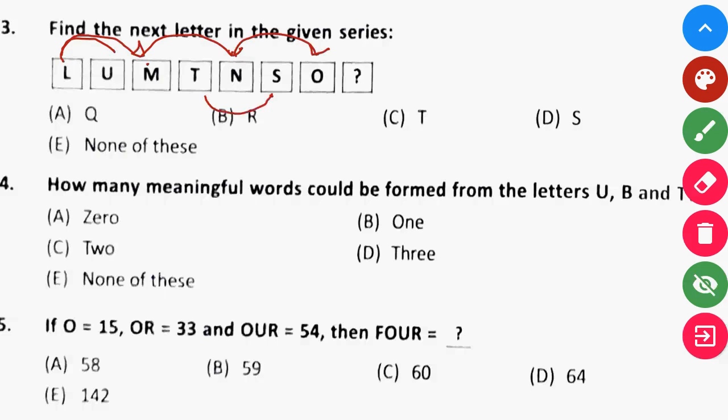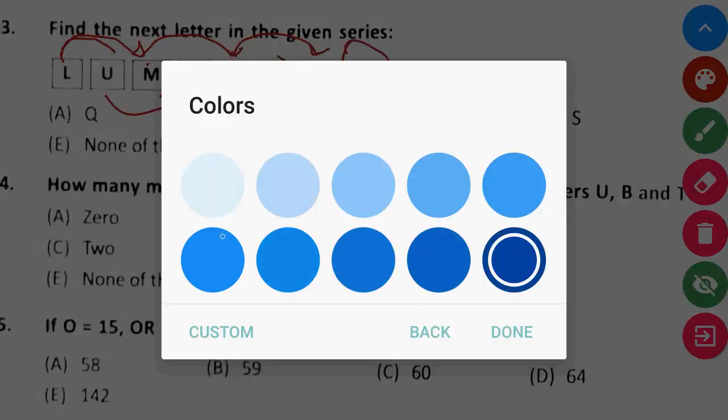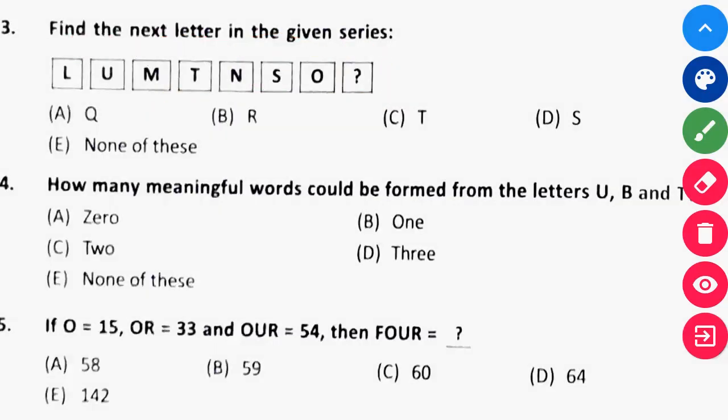And reversely, before U, T comes, before T, S comes, and here the missing letter must be the letter which comes before S. You all can recite A, B, C, D, E, F, G, H, I, J, K, L, M, N, O, P, Q, R, S, T, and you can have an idea which letter will come before S. So this question is for homework. You can solve it on your own because it is very easy.